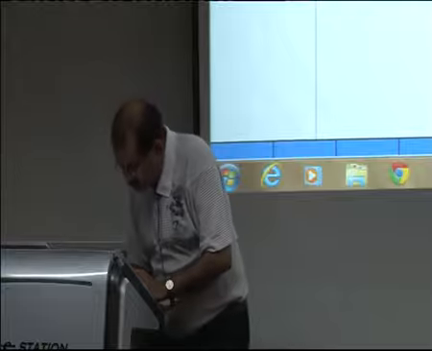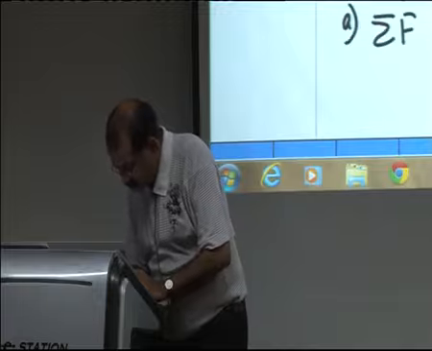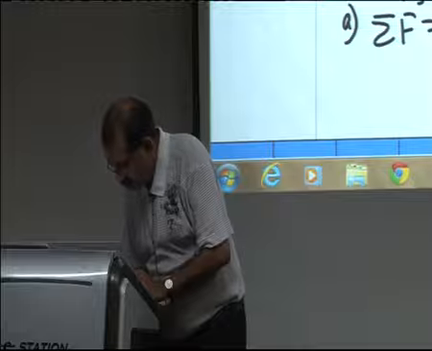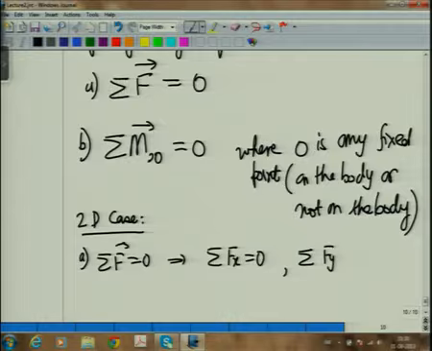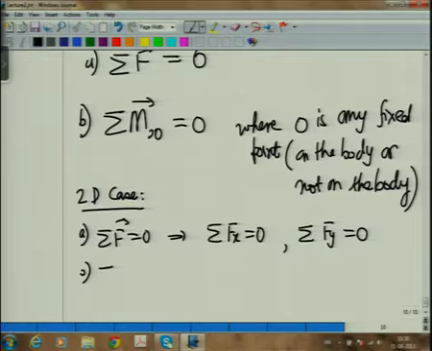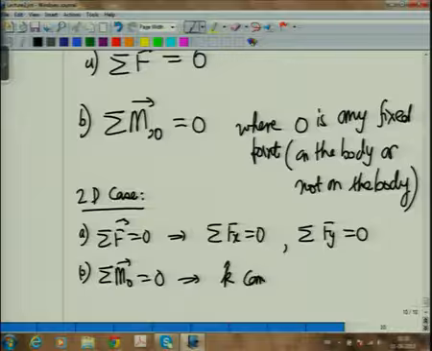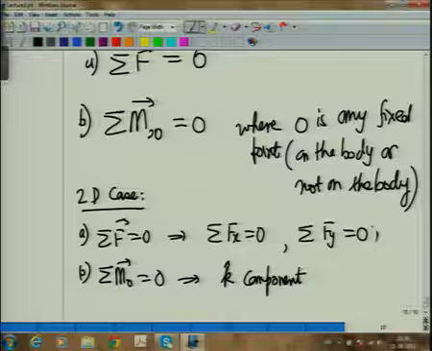Let's write this down. In a 2D case, this will imply sigma Fx is equal to 0, sigma Fy is equal to 0, and the k component of the moment is equal to 0. So in this case, we will get 3 equations.